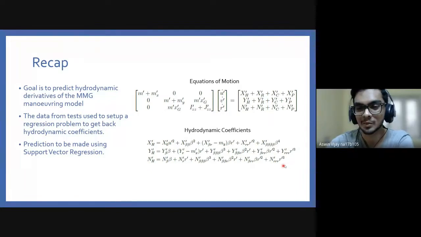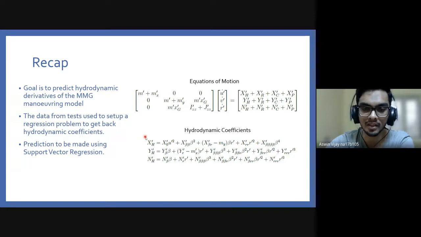Okay. So basically, ship maneuvers. If you want to model ship maneuvers in a mathematical form, you can't exactly do it using a simple mathematical model, because ship motions are very complex and highly nonlinear in nature.